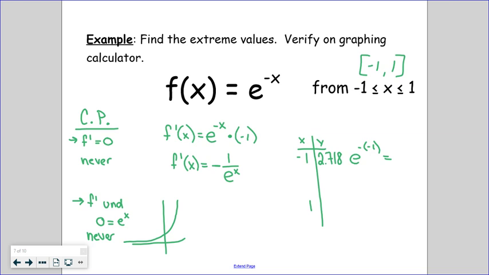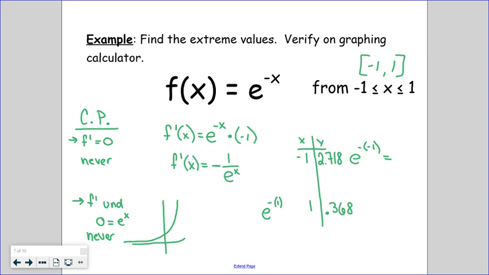2.718, and then e to the negative 1, which is 0.36. Those of you looking at your calculators, that is 0.368, if I round correctly.